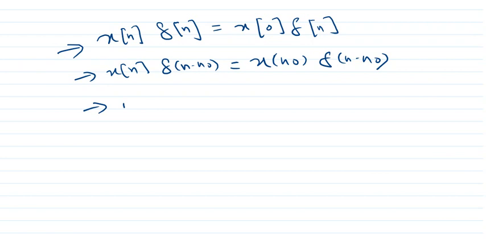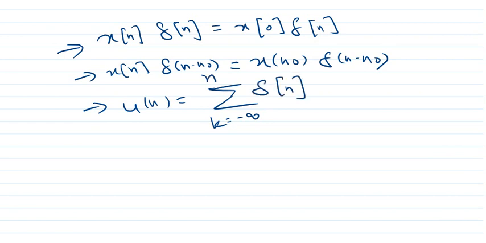Now we can represent the unit step sequence in terms of the impulse sequence by a summation formula: u[n] equals the summation from minus infinity to n of delta[n]. In the continuous time signal, u(t) is the integral from minus infinity to t of delta(tau) d tau.